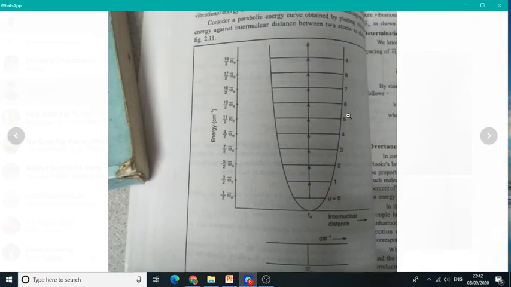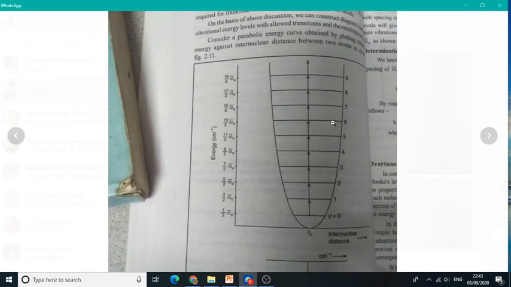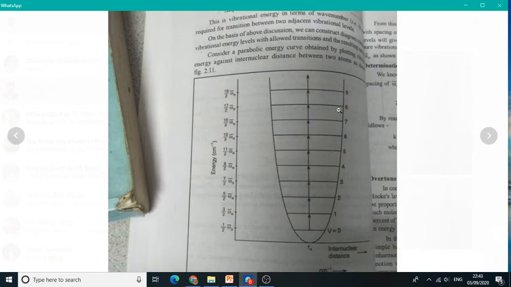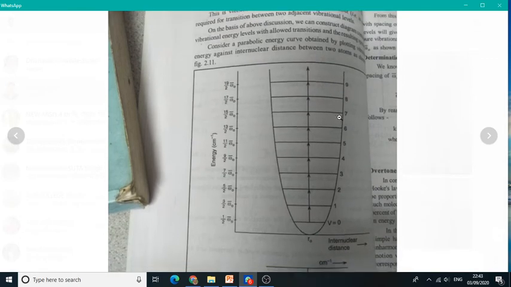As the energy increases, the internuclear distance also increases, and the selection rule obeyed here is delta phi equal to plus minus 1. Plus 1 sign for absorption and minus 1 sign for emission.